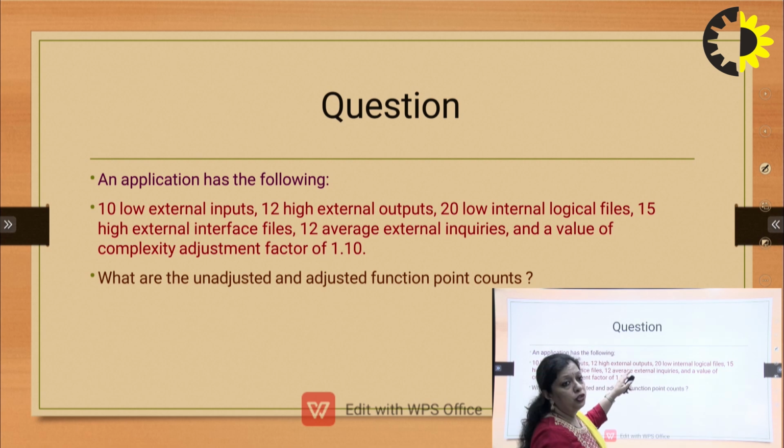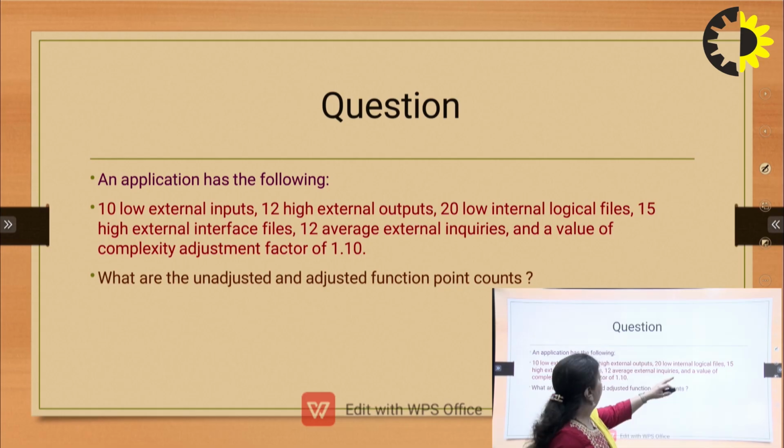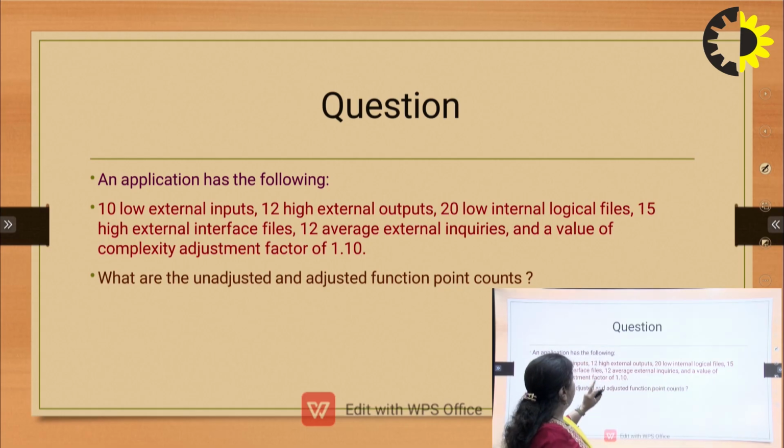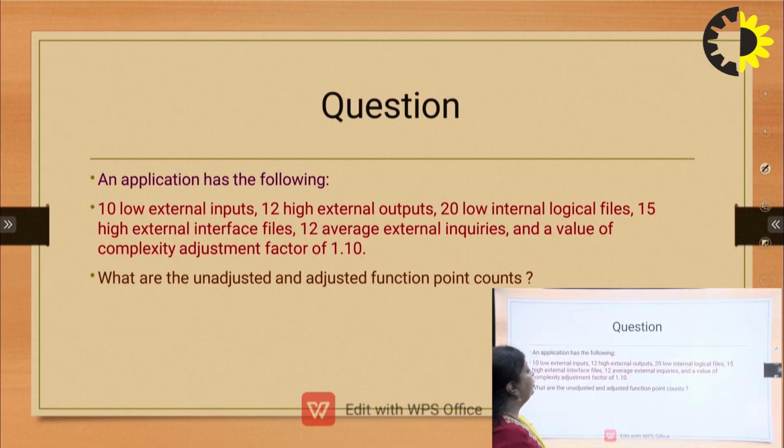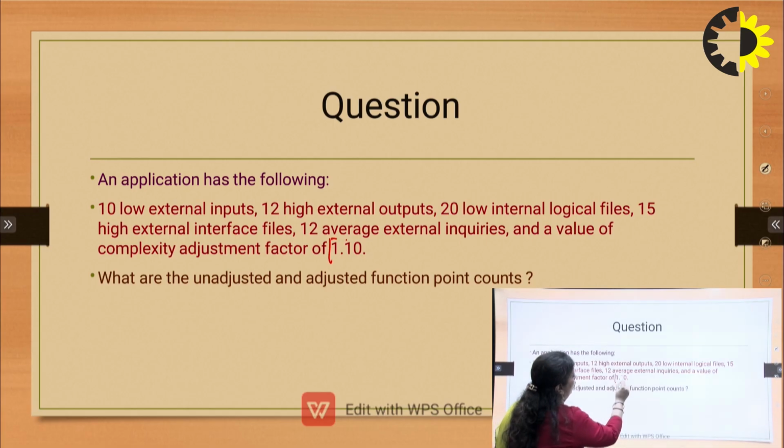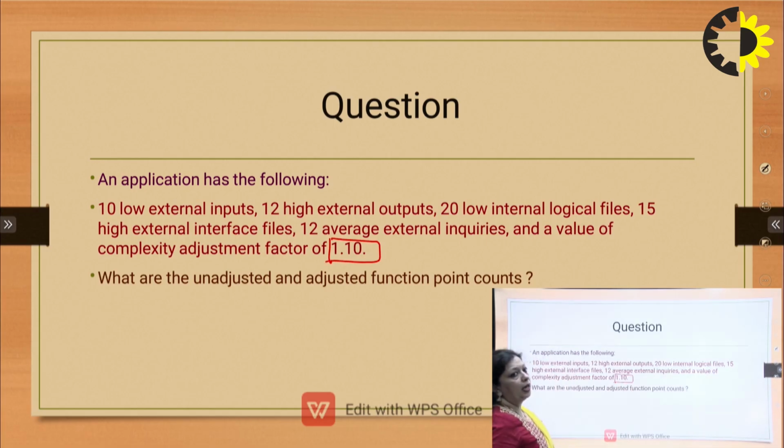So I'll have to substitute the values accordingly from my table. The number of each of the units is given to me. So I have to multiply this 10 for my low inputs, 12 for high outputs, 20 for low internal logical files, 50 with high external interfaces, and 12 with average external inquiries. And they have already given me the value of CAF as 1.10. So I don't need to calculate CAF.